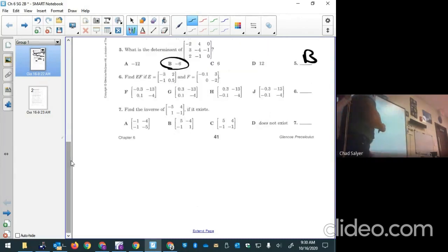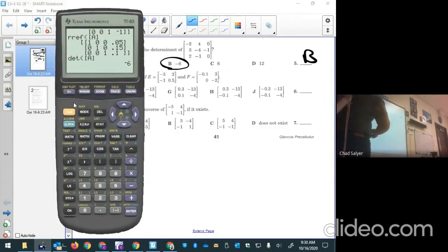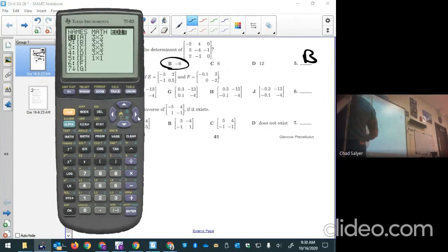Now for 6, find EF, if E is this and F is that, we could do it by hand, but there's some decimals in there. So calculator is a better choice, just removes the potential for error. So I'm going to edit A, make it a 2 by 2, like the A from our problem. -3, 2, -1, 0.5.